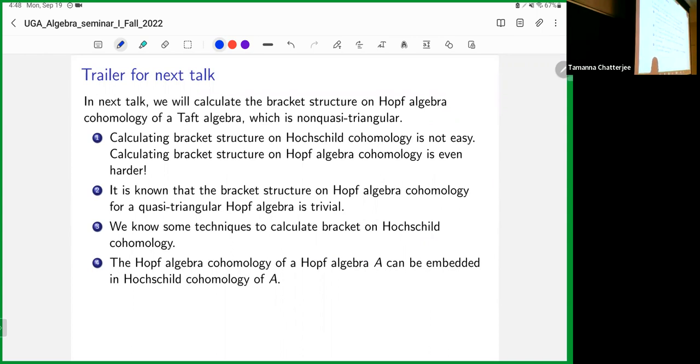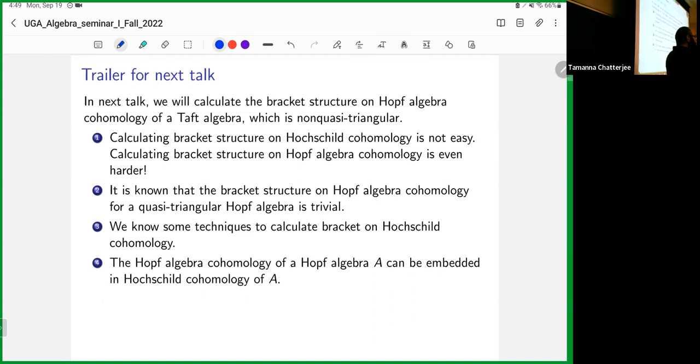Because it is known that the bracket structure on Hopf algebra cohomology is zero in some cases, and here we have a non-trivial one. So I will find the resolution, find the Hochschild cohomology of the algebra, then the Hopf algebra cohomology.